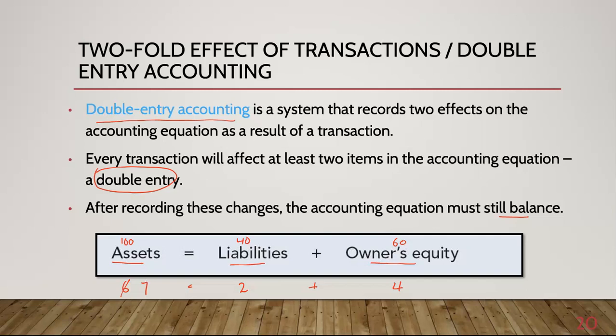So I could either change my liabilities to 3, now it balances, or going back to 2, this could be now 5. So the only way I've been able to balance my accounting equation is to do 2 or double entries, which means it balances.